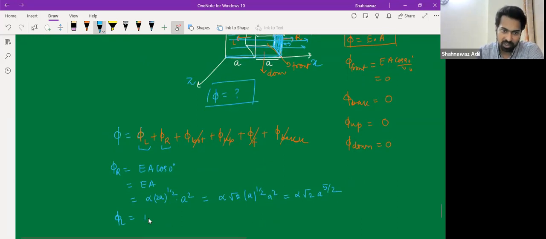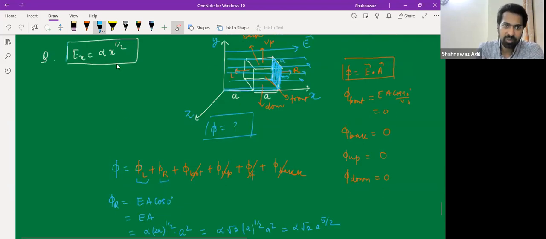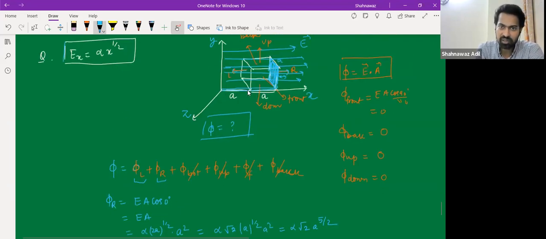So this would be E A cos of 180. So this would be minus of EA, and E would be how much? So E varies as x to the power half. So what is the value of x here, Saad?